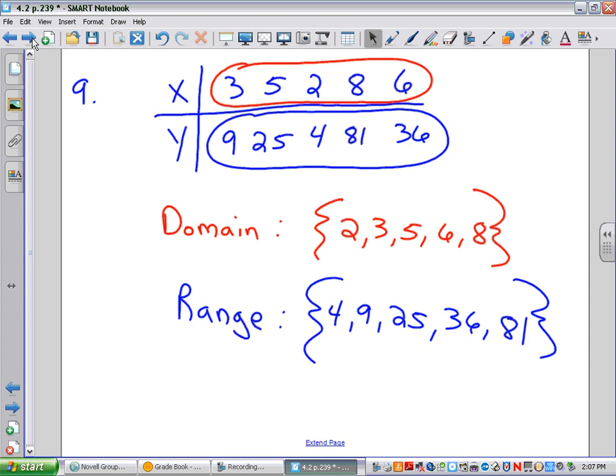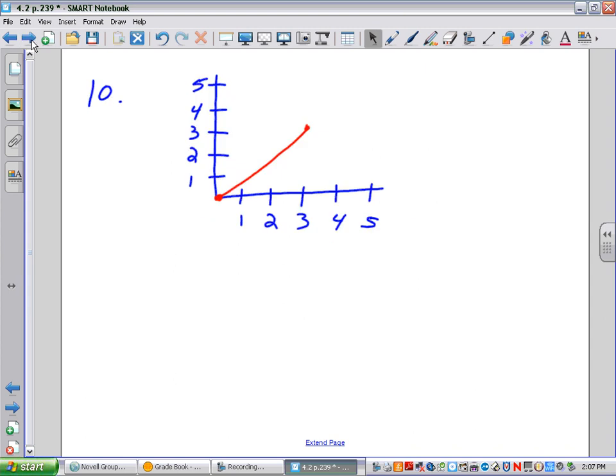I want to do one more with you, which is number 10. Number 10 is a graph. My domain are the x values. So think in terms of left to right.